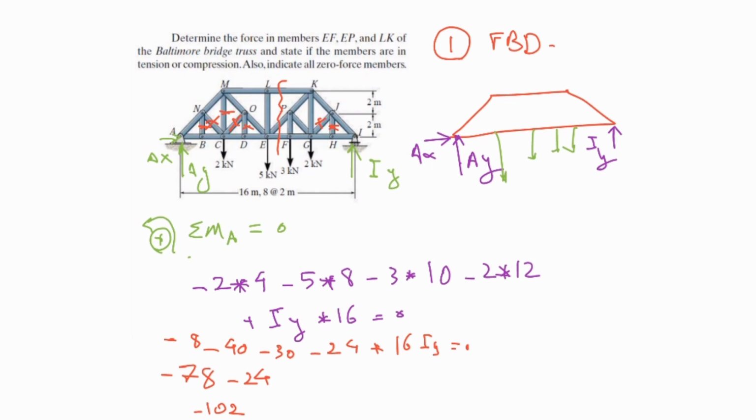If I erase these and put the result instead of that, that would be minus 102. So let me double check this. Yeah, minus 102. I need to erase everything over here.